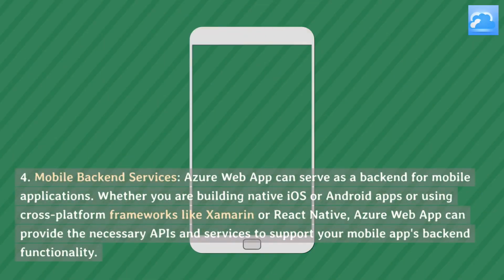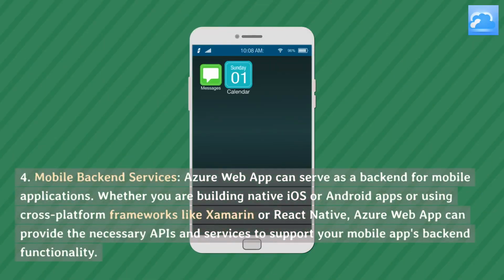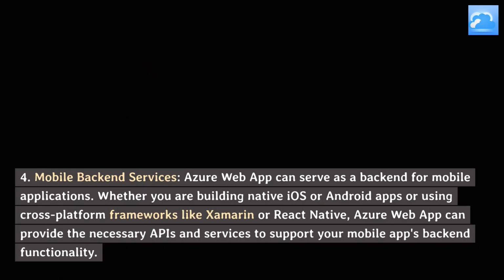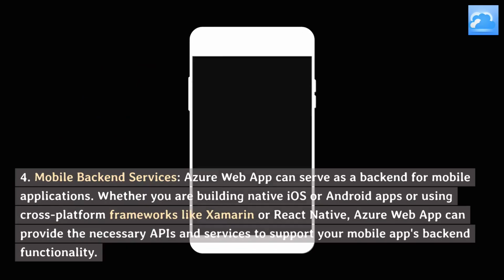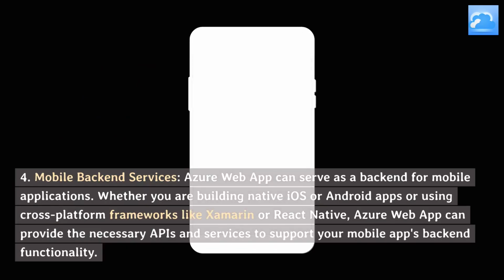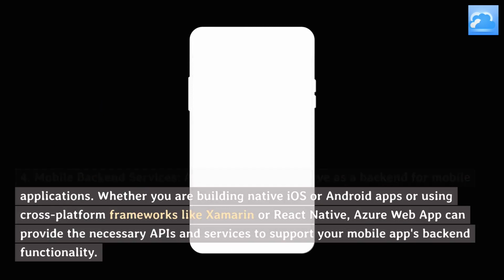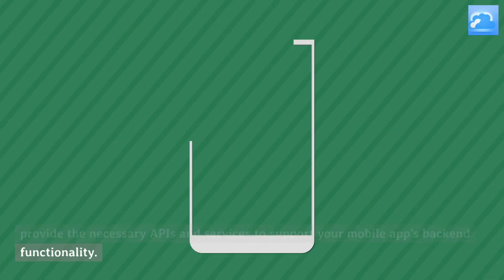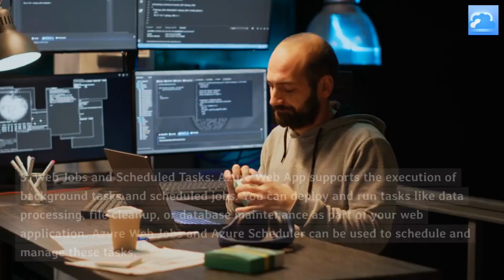4. Mobile backend services. Azure Web App can serve as a backend for mobile applications. Whether you are building native iOS or Android apps or using cross-platform frameworks like Xamarin or React Native, Azure Web App can provide the necessary APIs and services to support your mobile app's backend functionality. 5.